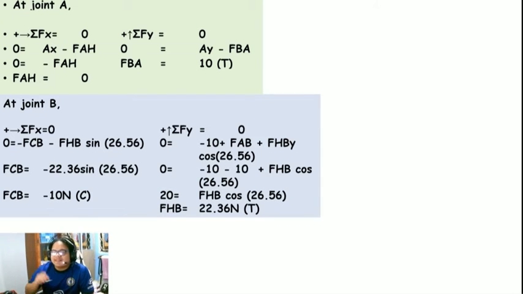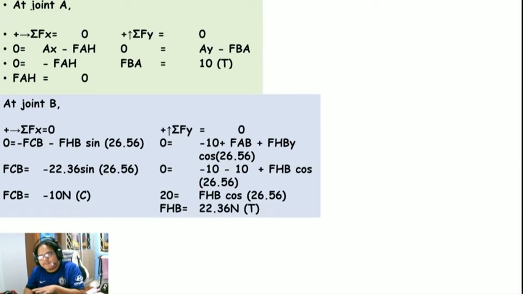So the member CB is in compression, while FHB is in tension.